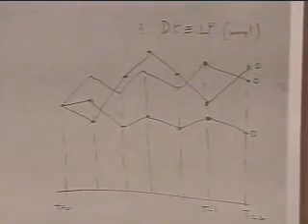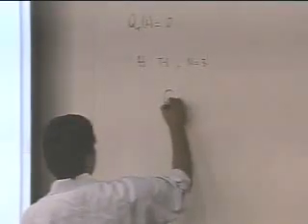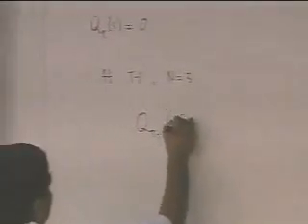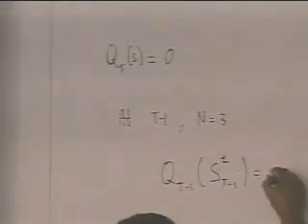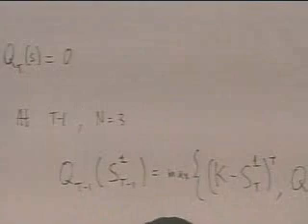You compute the value of Q t minus 1 evaluated at the sample 1 at time t minus 1 to be equal to the maximum of the positive part of K minus S1 of t, and Q t of S1 of t minus 1.